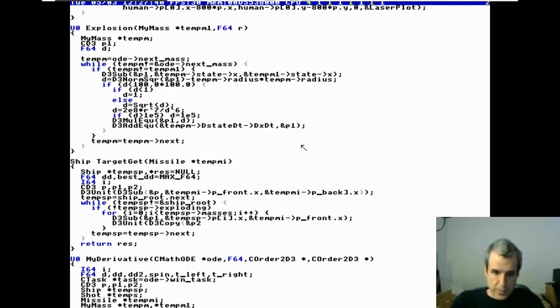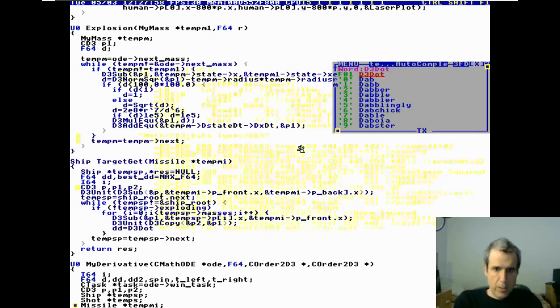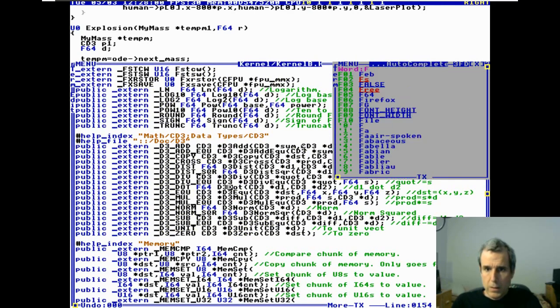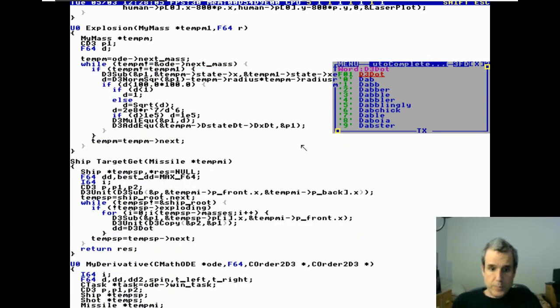To understand how these work, address P1. So we just made a unit vector out of it, and then if let's say dd equals d3 dot 1 2 dot product.